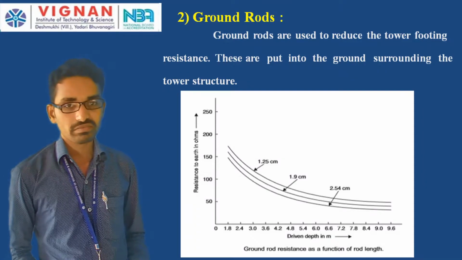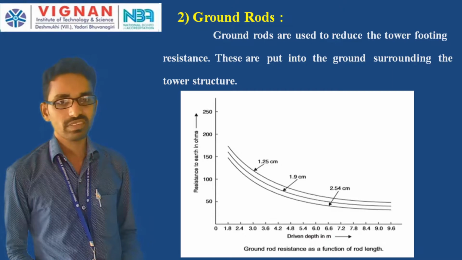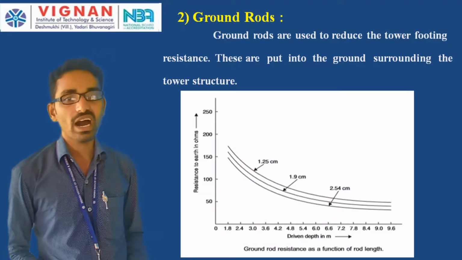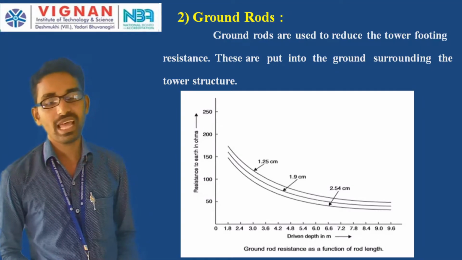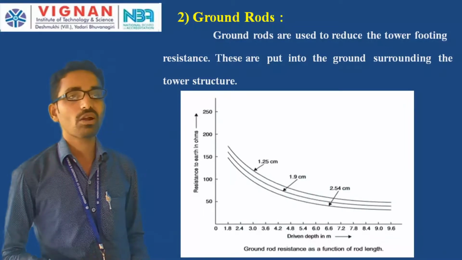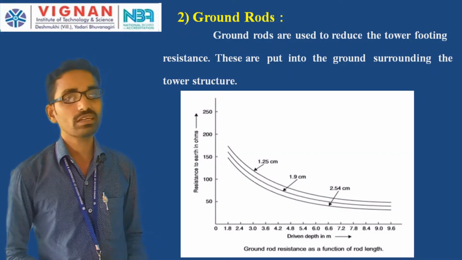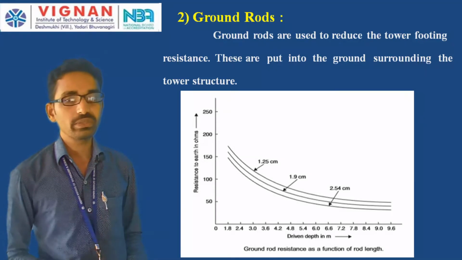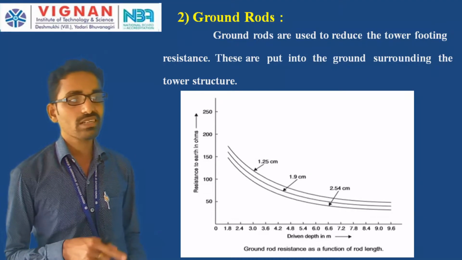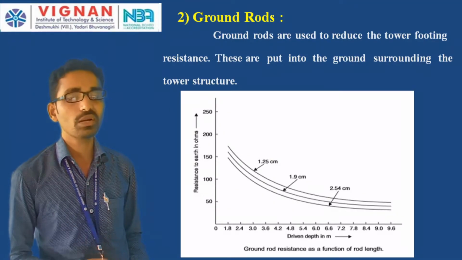As the length increases, the resistance increases, since R is equal to rho L by A. But the ground rods must have less resistance. These ground rods are used to reduce the tower footing resistance.